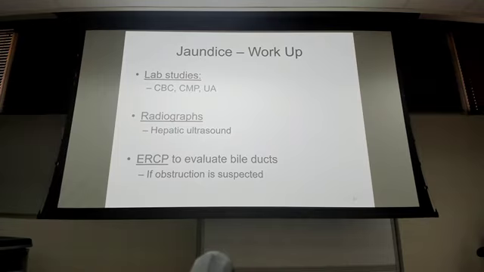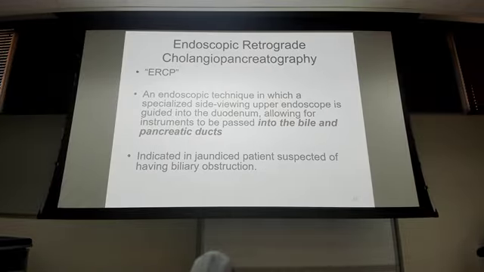And we'll go in on the next slide a little bit for ERCP. So we can do ultrasound, or if we're expecting obstruction, it's patients presenting with the signs and symptoms on the last slide, we suspect obstructive cause, then we'll go to order ERCP. And we'll discuss that here.